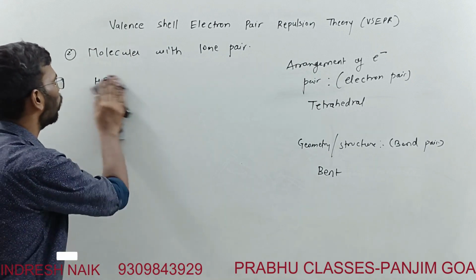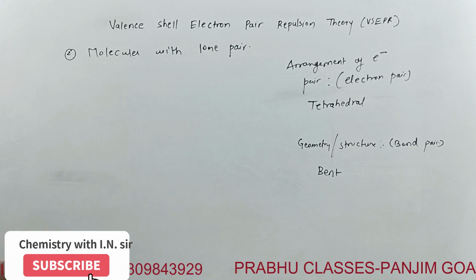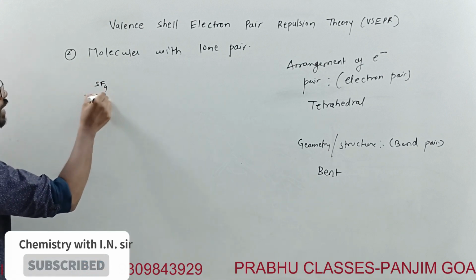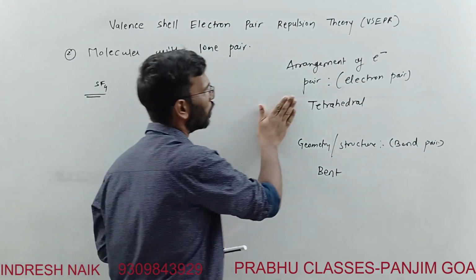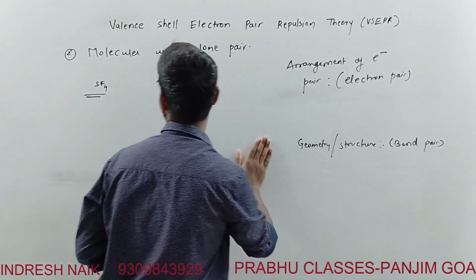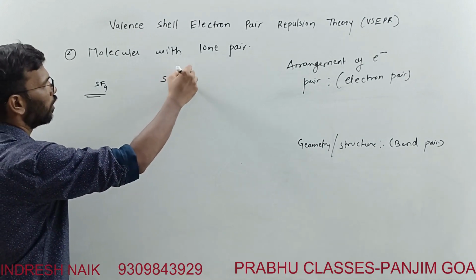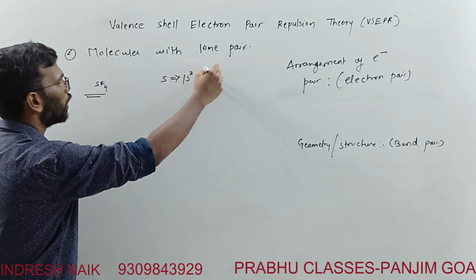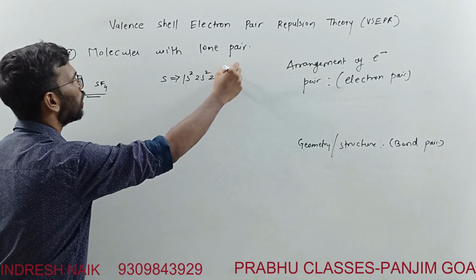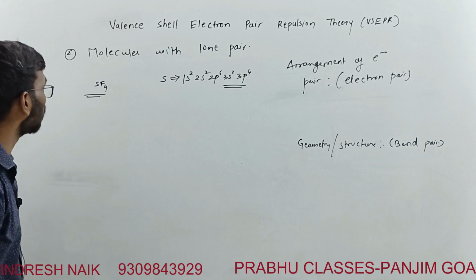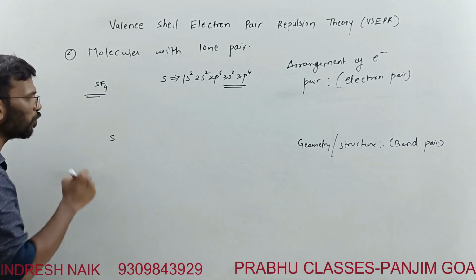Let's take SF4. SF4 is sulfur, electronic configuration 1s2, 2s2, 2p6, 3s2, 3p4. There are 6 valence electrons on sulfur, right? Sulfur has 6 valence electrons.